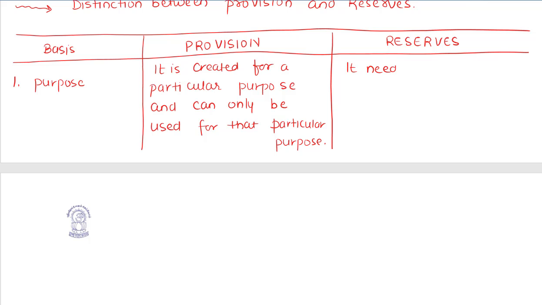Reserves need not necessarily be created for a particular purpose.